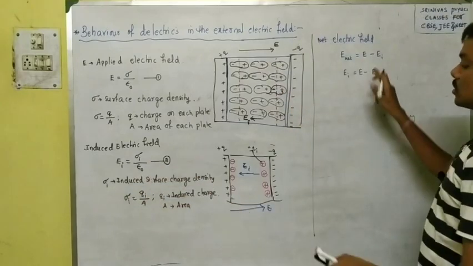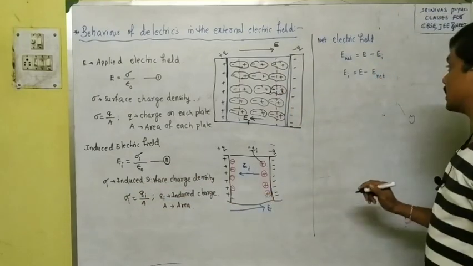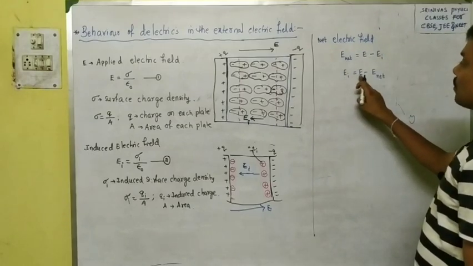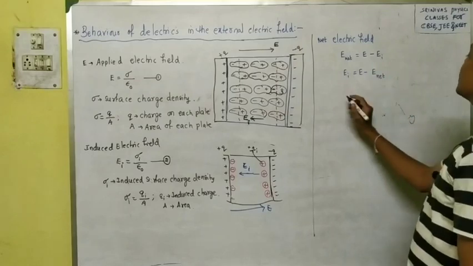We have to subtract them because they are in opposite directions. So the net electric field is E minus E I. From this, the induced electric field is E I equal to E minus E net.